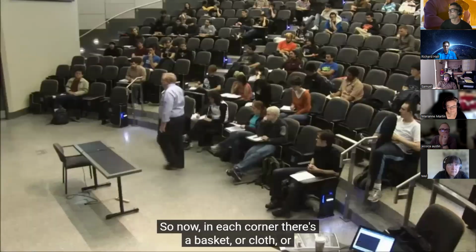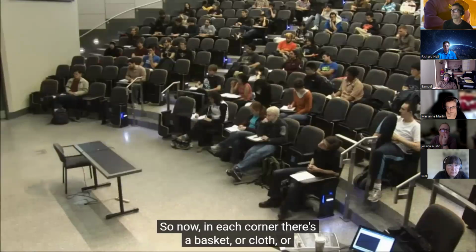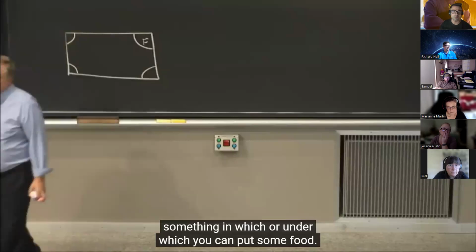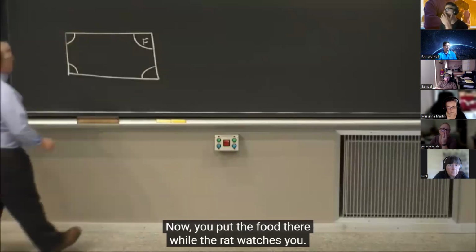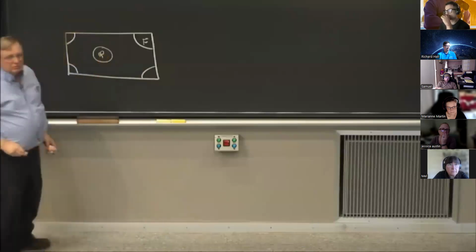So now, in each corner, there's a basket or a cloth or something under which you can put some food. Now, you put the food there while the rat watches you.